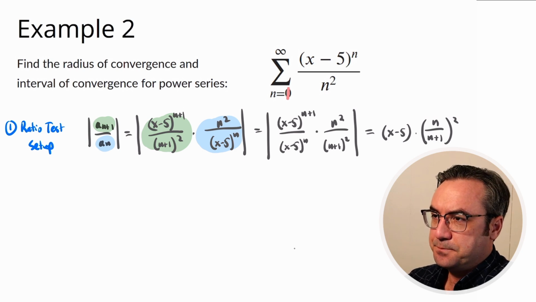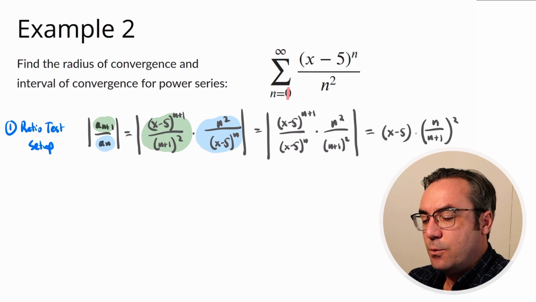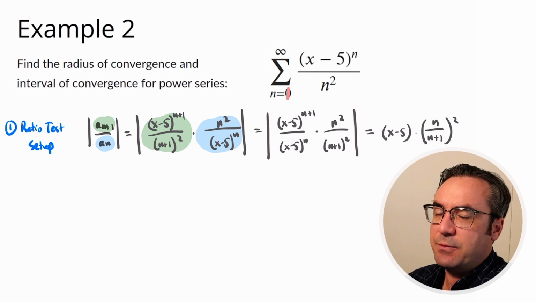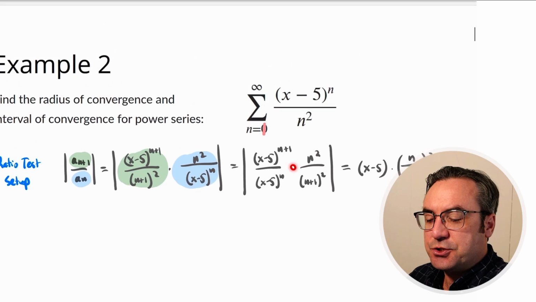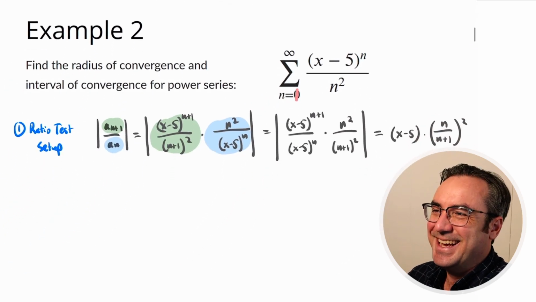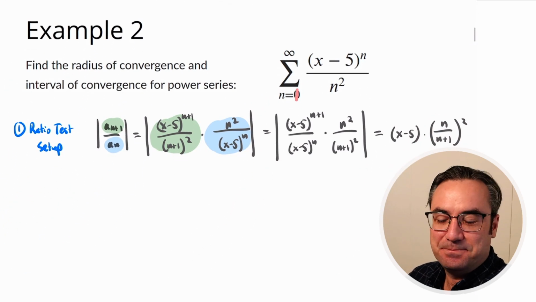All right, now we have to deal with this absolute value sign. We don't want to forget about that. A property of absolute value is that it distributes over multiplication.